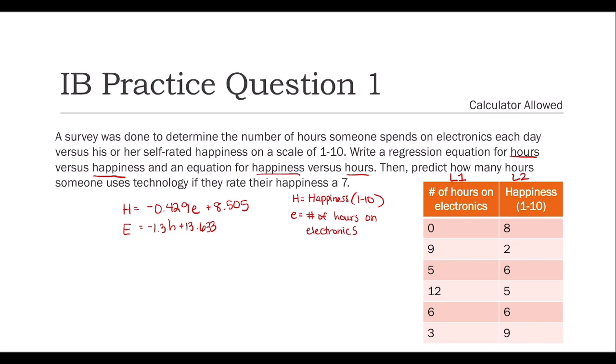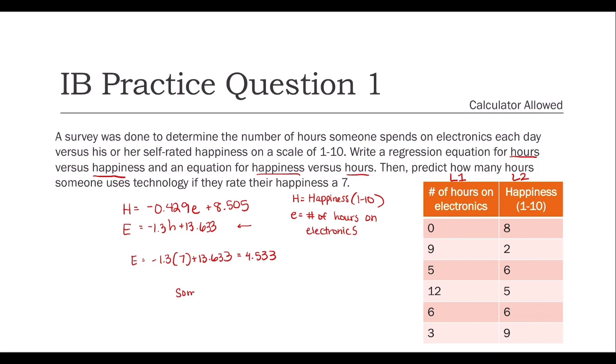So finally, we need to predict how many hours someone uses technology if they rate their happiness a 7. So they rate their happiness a 7, so our input is happiness, so we need to use the second equation. So E equals negative 1.3 times 7 plus 13.633. So this would be 4.533.